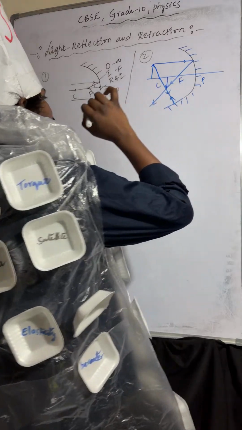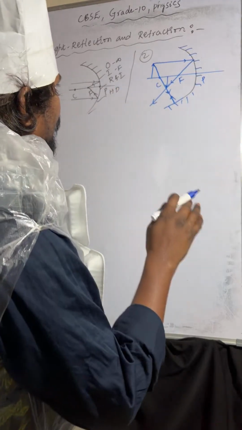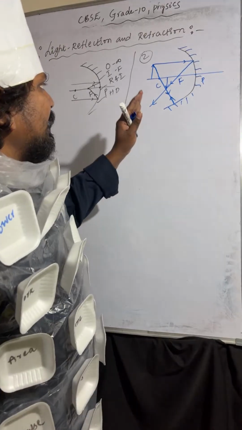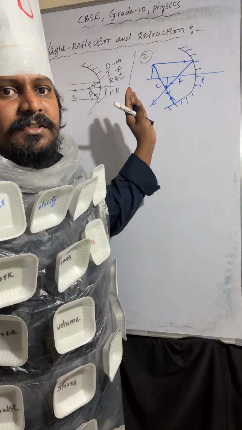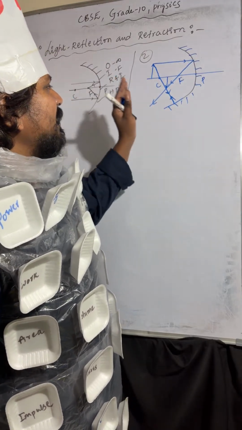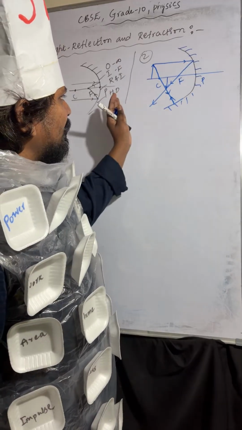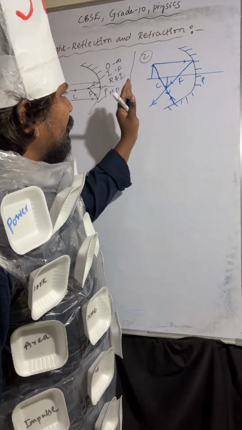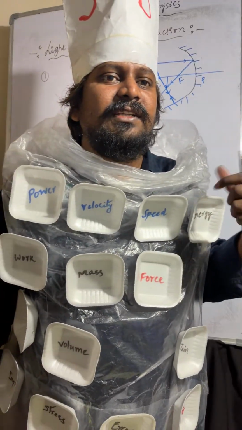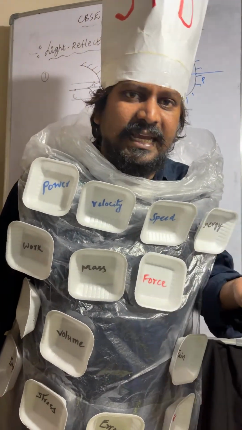So the image will form between C and F. If the object is placed beyond center of curvature, the image will form between C and F. What about nature? Nature is real and inverted. And what about size?